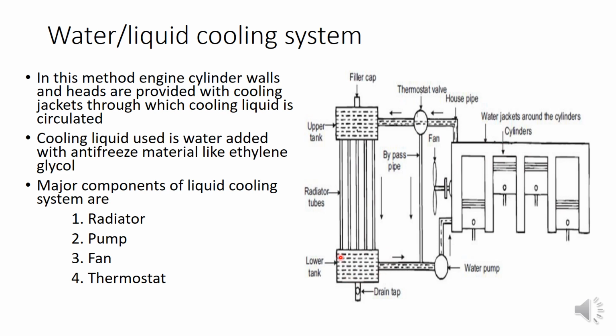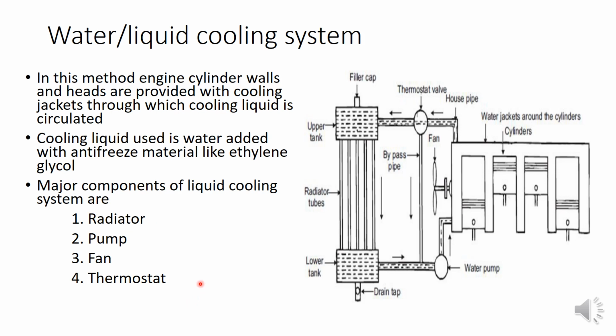But to cool this water we are using air. So when it reaches the lower tank, the water will become cold water and it will again be pumped. So this is continuous. So we need these 4 components for the working of the water cooling system.